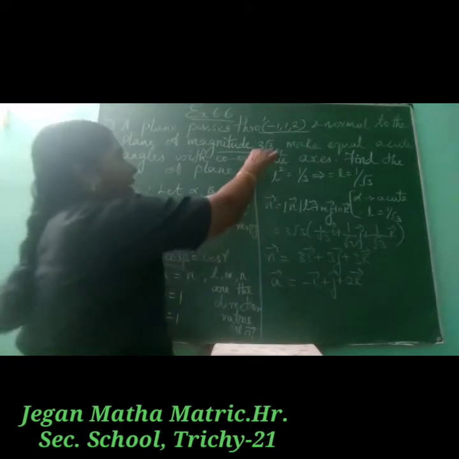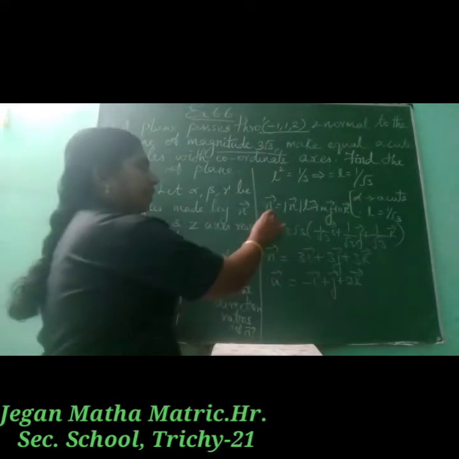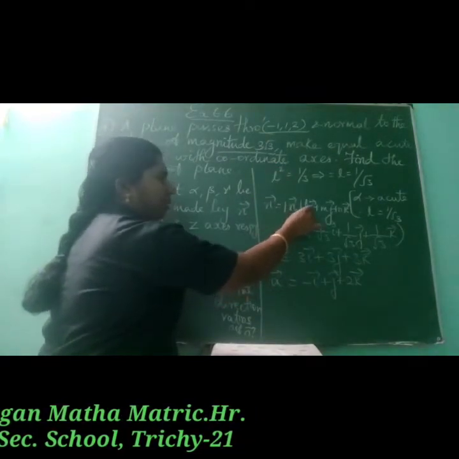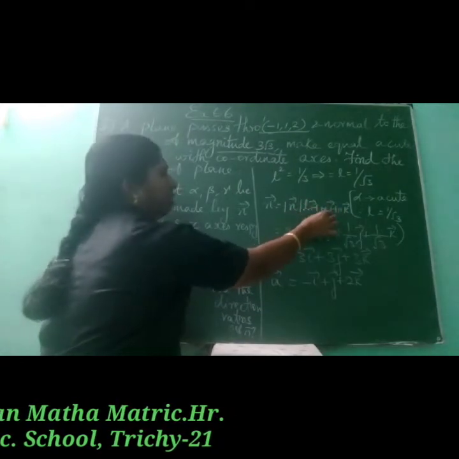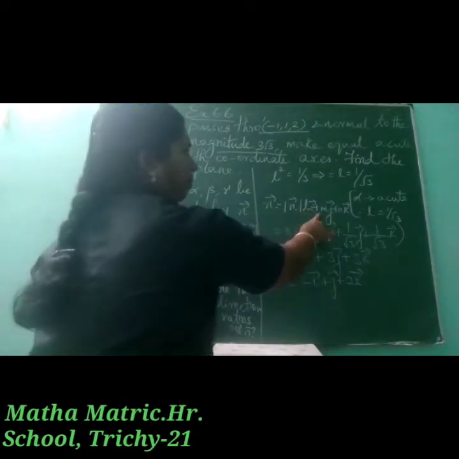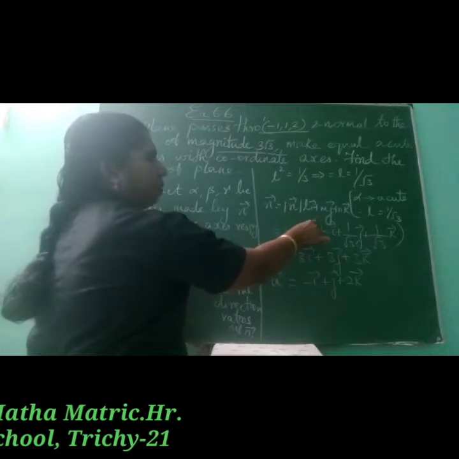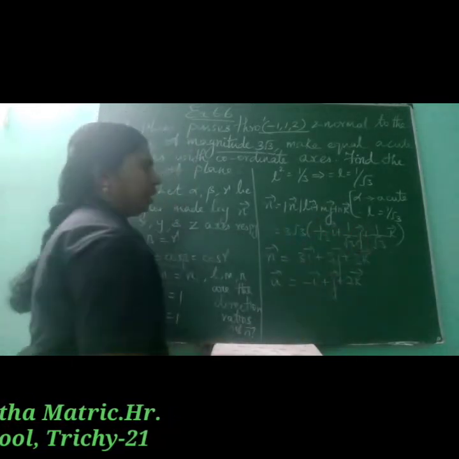The normal vector can be formed as n vector equal to the given magnitude into li plus mj plus nk. Already we found l, m, n, the direction cosines. So 3 root 3 into 1 by root 3 i plus 1 by root 3 j plus 1 by root 3 k.